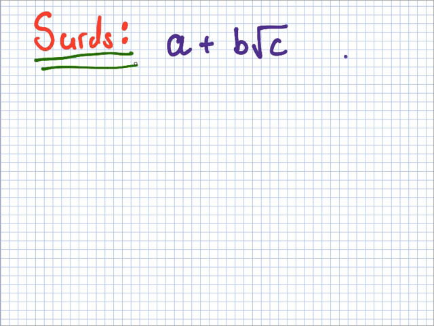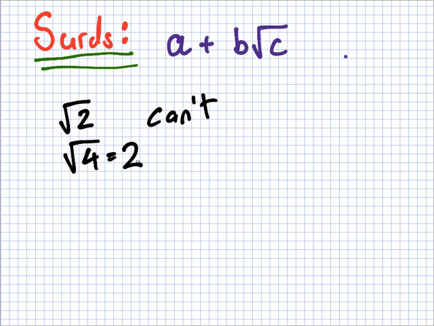Now, the first thing we want to have a look at is how we can simplify surds. Some of them can't be simplified. Some of them obviously can. This one is easy. But then, we might get something like this, which can be simplified to 3 root 10.